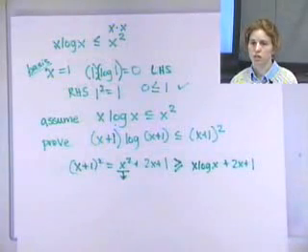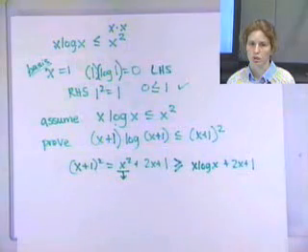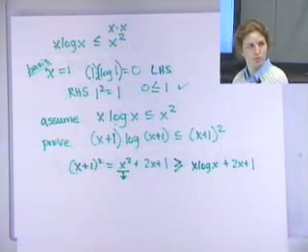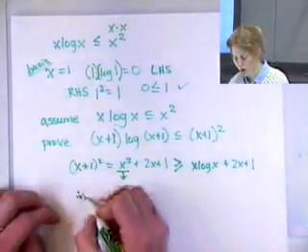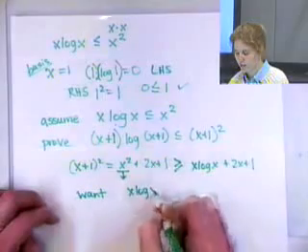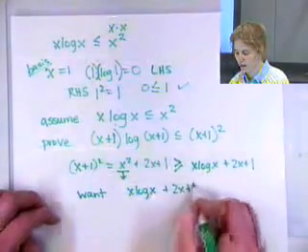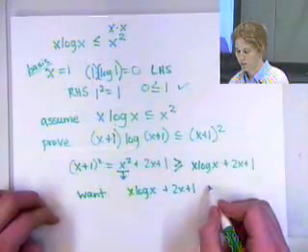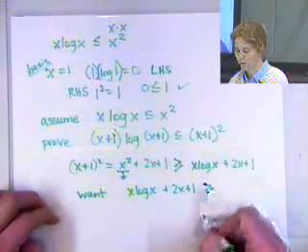So I'm doing a substitution like normal. I just have to make sure I put the less than or equal to or greater than or equal to the right way. So I'm replacing x squared with something smaller. So now I want what? That x log x plus 2x plus 1 is greater than or equal to what?